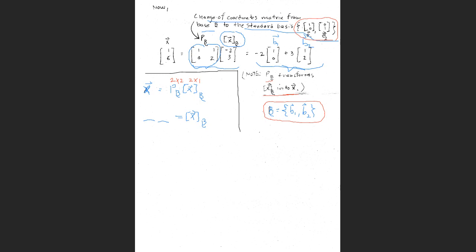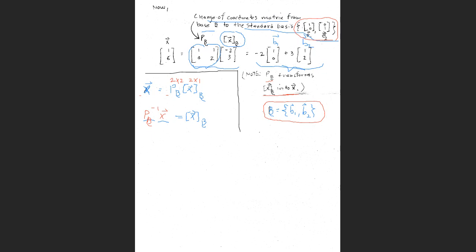That's right, Binyam. It's going to equal the inverse of my change of coordinates matrix times the vector x. Just multiply on the left both sides by the inverse, and so now you have a way to get your coordinate vector.